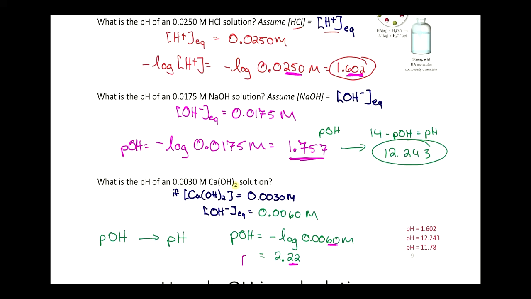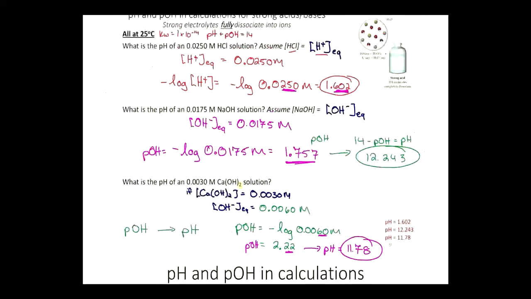And this is in fact pOH. It's not my answer. We want to express this in pH. So you're going to subtract that from 14 to get your pH. So I have that in the corner. It's 11.78. And again, that number matches, you put a base into water, it should be basic. It shouldn't be acidic. All right. So those are basically your strong acid, strong base calculations.